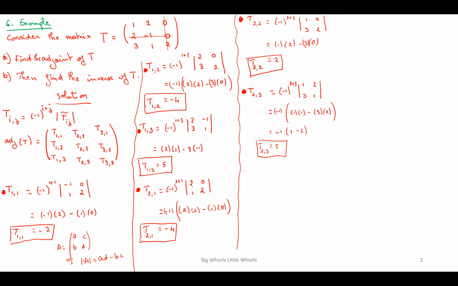Now let's find T31, which is equal to minus 1 to the power of 3 plus 1 multiplied by our minor.